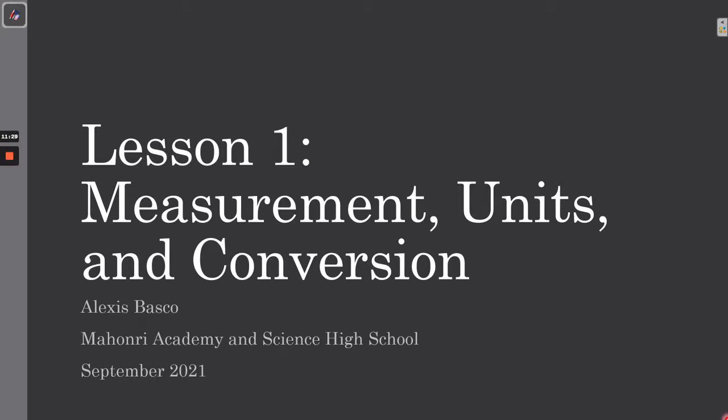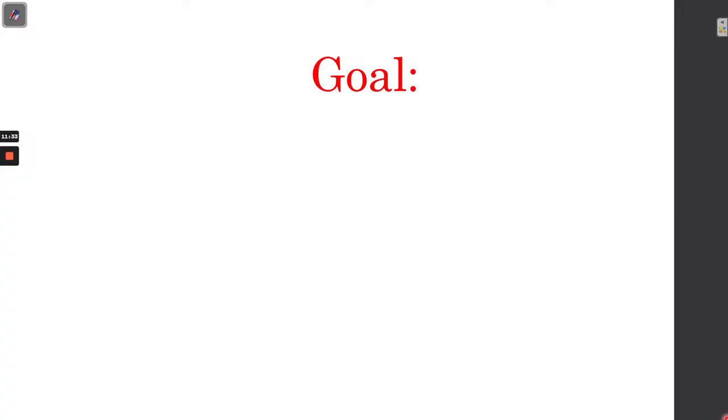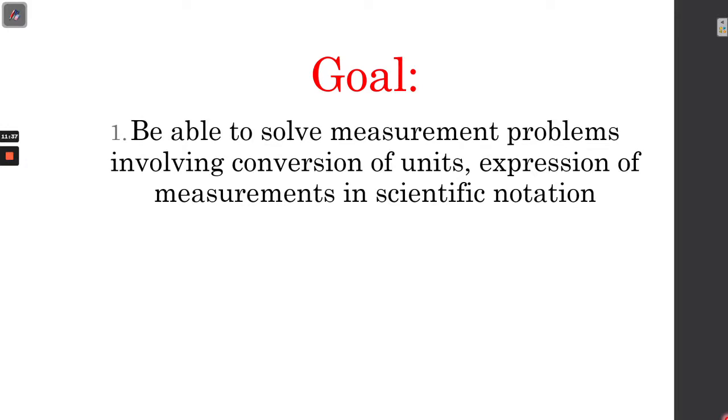Today we'll be discussing measurement units and conversion. The goals for this lesson are the following. First is for us to be able to solve measurement problems involving conversion of units and expression of measurements in scientific notation. What we mean by that is we'll be able to understand how we convert units, for example meters to centimeters, and so on.